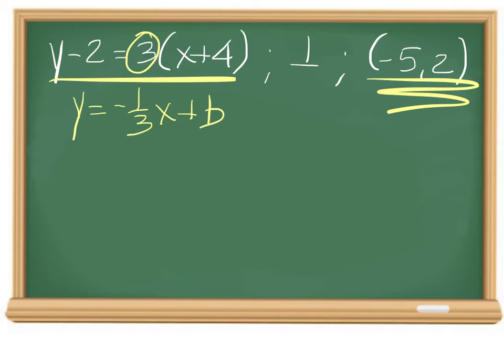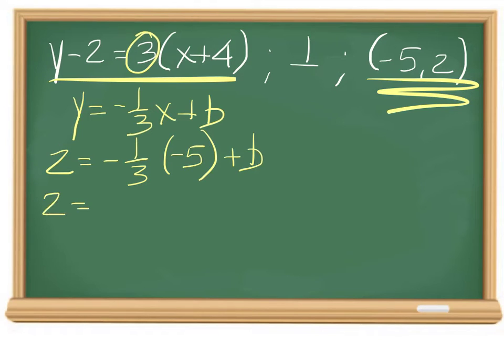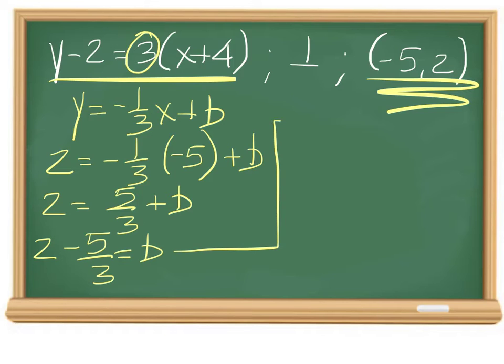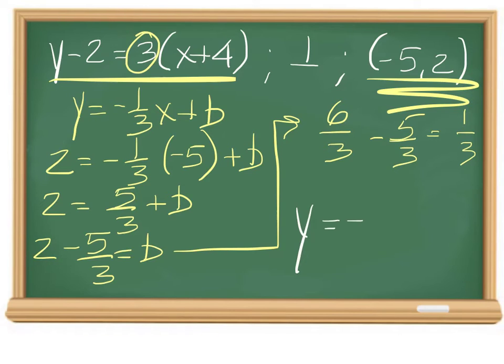And when you do that, it's 2 equals a negative 1/3 times a negative 5 plus b. And you come out with the same answer as you did before. When you move the 5/3 to the left, change the sign, find the common denominator, you still come out with 1/3 for your b, so your answer is again a negative 1/3 x plus 1/3.